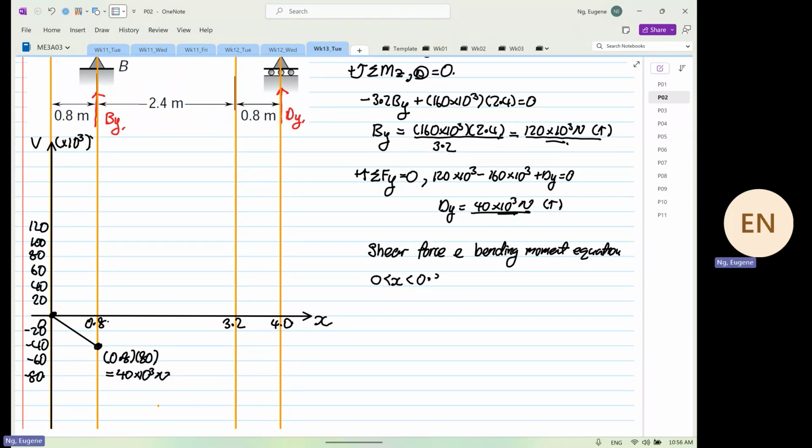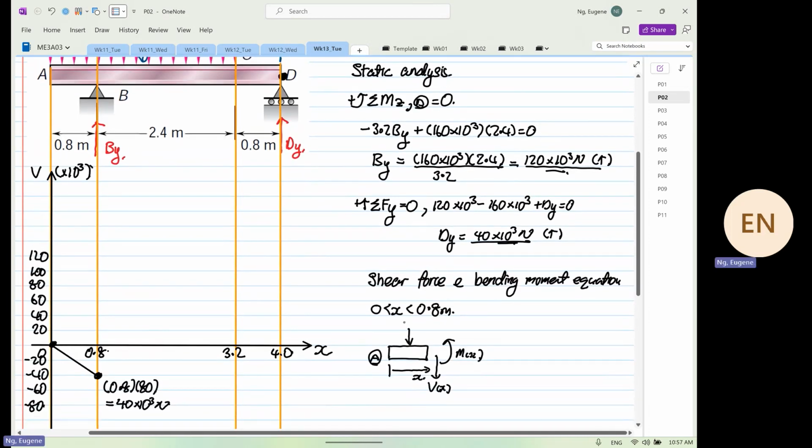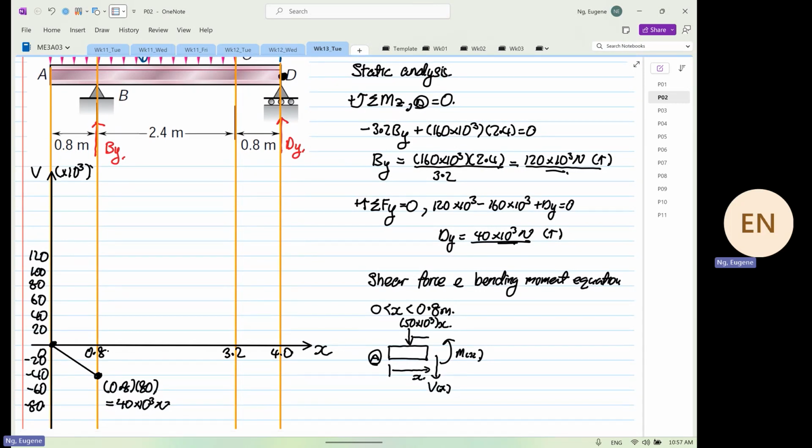We are going to have a limit from x equals 0 to 0.8 meter. So when we have a section, this is our point A. The distance from here to here is x. We're going to assume positive shear and positive bending moment. And this over here is equal to 50 times 10 to the power 3 multiplied by x. The distance from here to here is equal to x over 2, right?